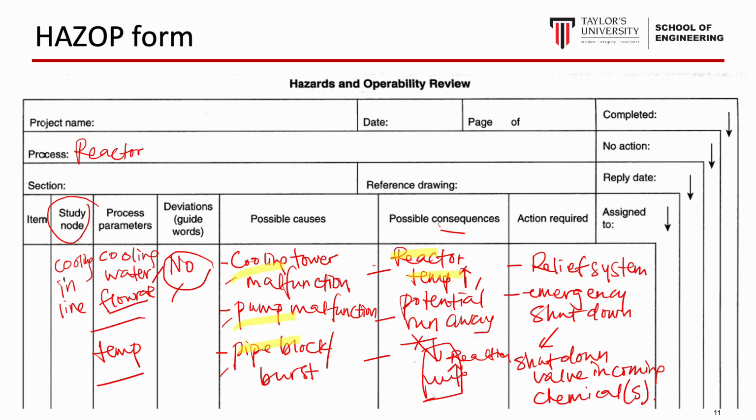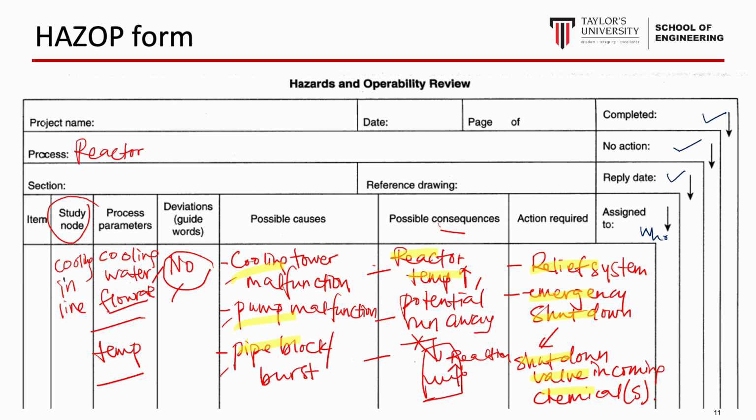And there are several actions that can be taken. Then with this, you want to assign who is taking care, so assign to whom or which department, when they are supposed to take actions, and the number of actions taken, whether it is completed, etc. So this shows us a HAZOP form.